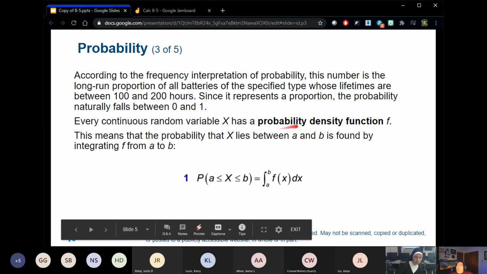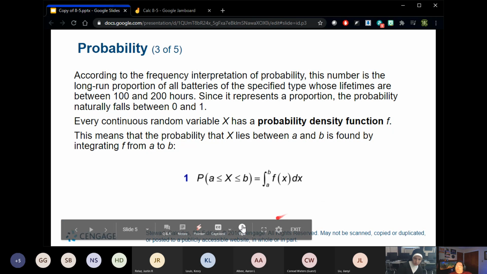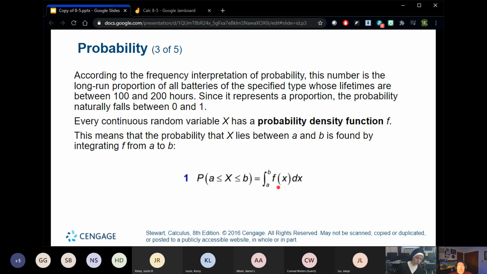So every one of them has what's known as a probability density function. That's going to change based on what we're looking at. We have the normal distribution, which we're going to look at a little bit later, but every item has a probability density function. And that means between two values, we can do the integral of that function to determine how much space is underneath that curve, which is all we really do in integration anyway.